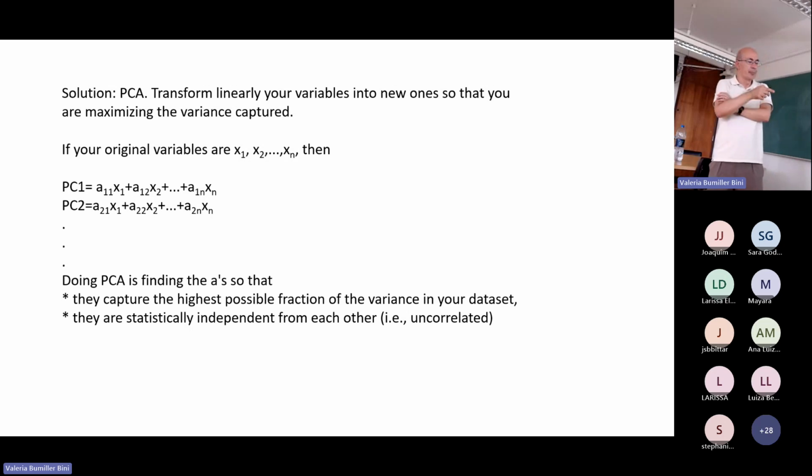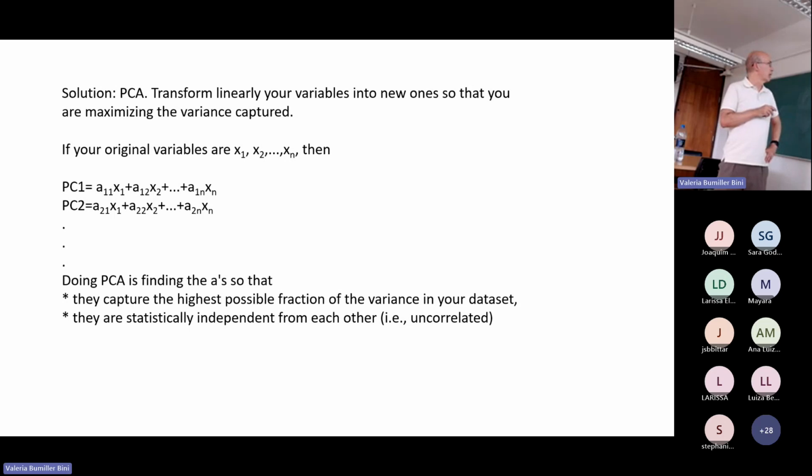So the idea is that, and this is statistics, we will come back to genetics in a minute, if the original variables are x1, x2, up to xn, then we will calculate these linear combinations.